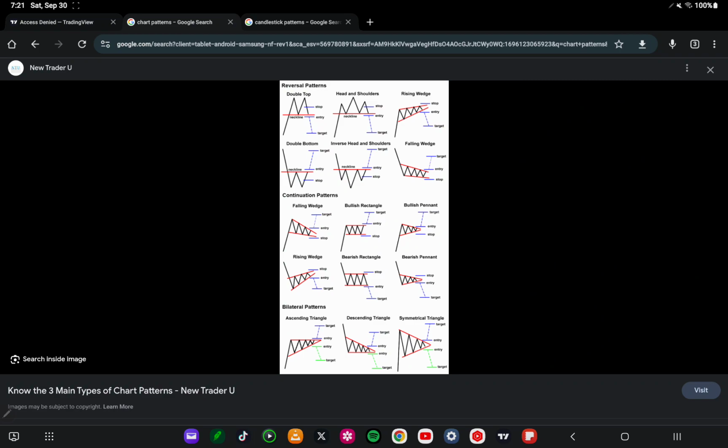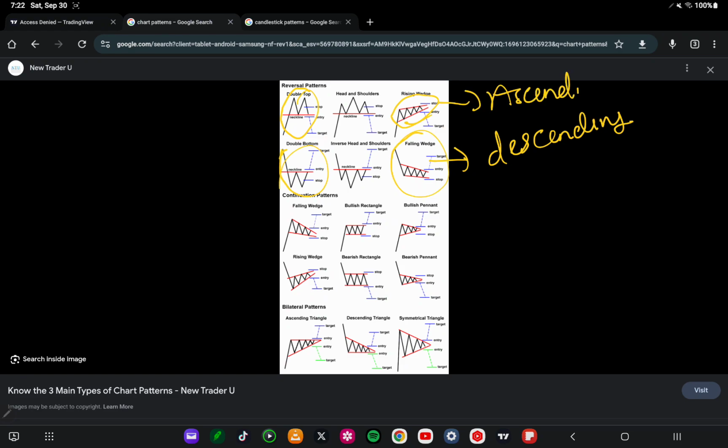The most common ones I use are the M pattern, W pattern, falling wedge, which some people call a descending pattern, and some people call the other an ascending pattern as well.